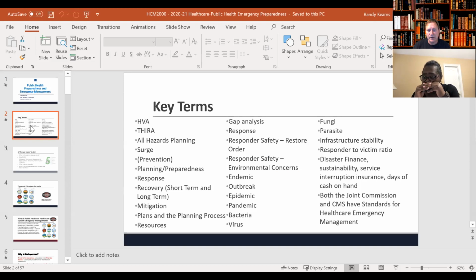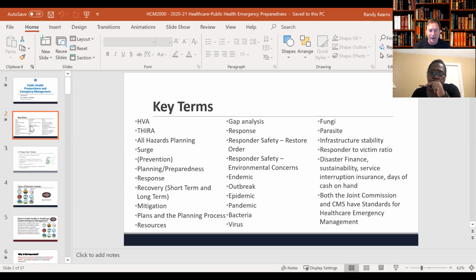And so a number of years ago, about 35 years ago, we started taking our disaster plans and melding them into one large base plan, our base operation plan, and that's referred to as all hazards planning. And then we had unique components for unique situations.